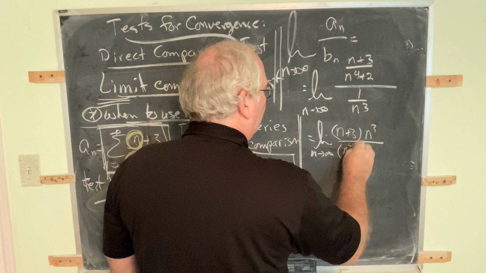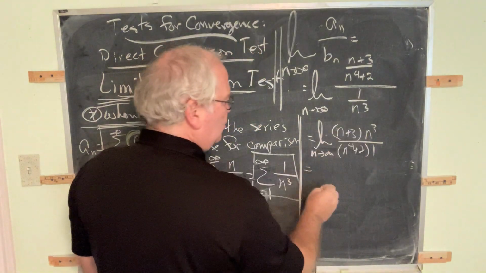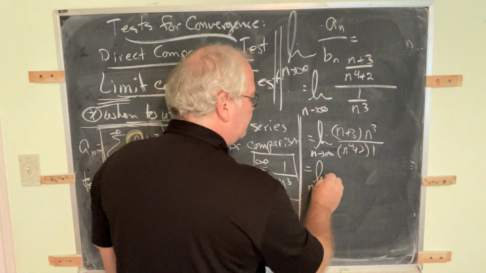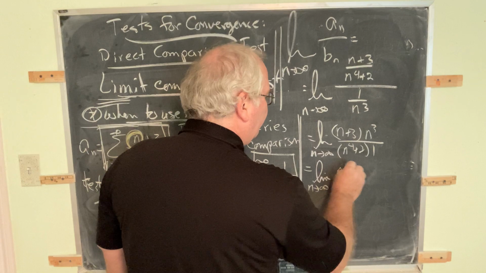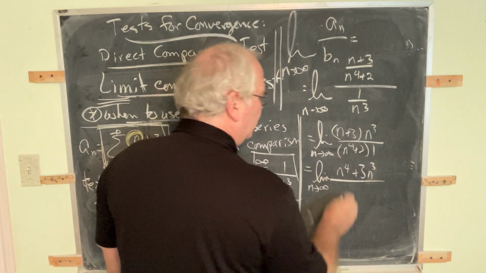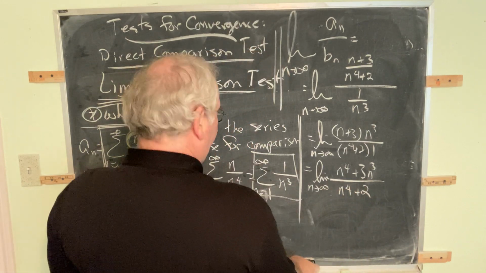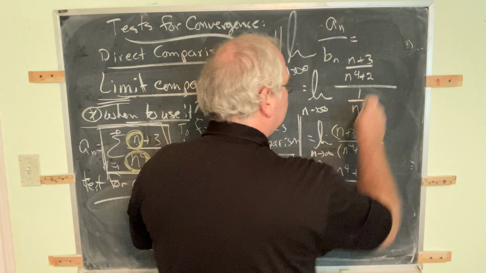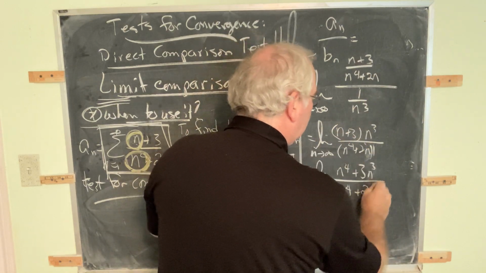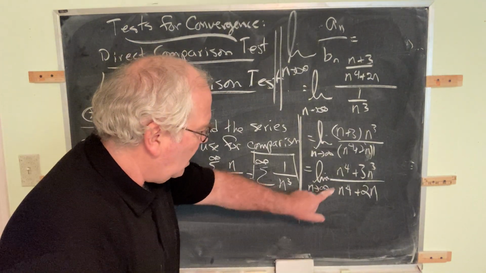If you distribute, what you generate is the limit, as n goes to infinity, of n to the 4th plus 3n to the 3rd over n to the 4th plus 2n. I left my n off on this expression. And evaluate the limit of that expression.